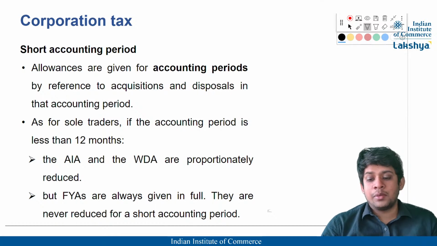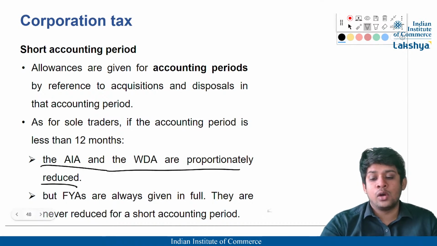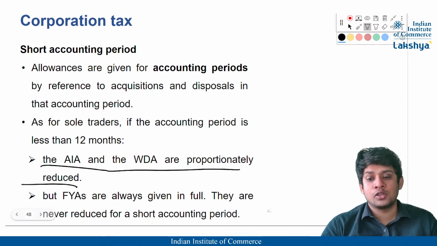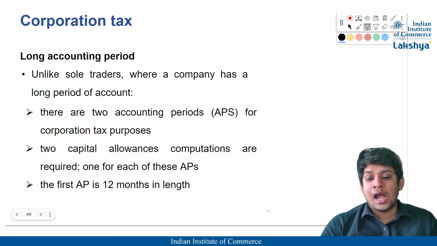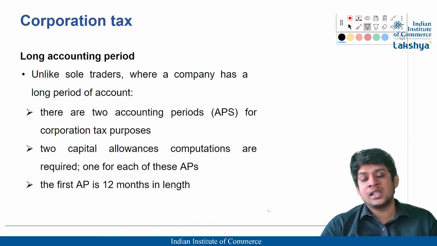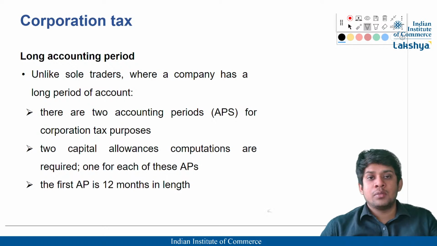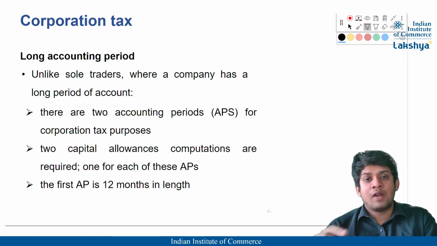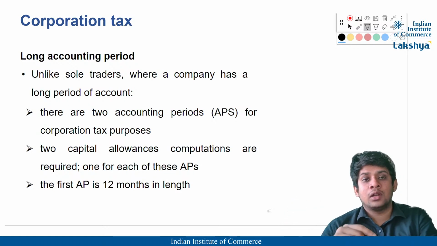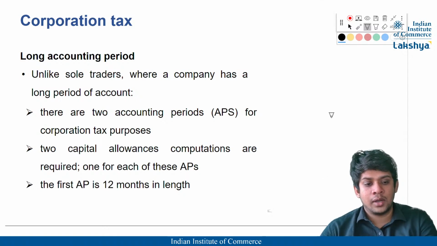Always remember, wherever there is a short accounting period, the AIA and the WDA are proportionately reduced; they are restricted. And whenever there are long accounting periods, as I told you, they are distributed into two accounting periods: the first 12 months, and the second the remainder of the months.